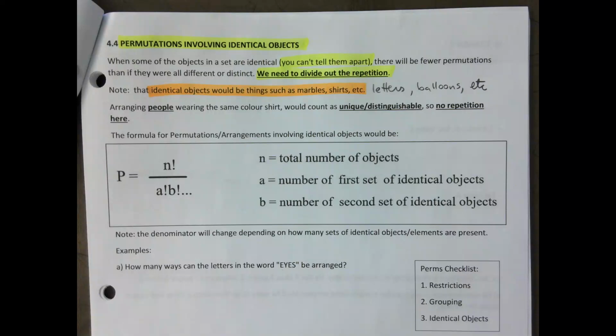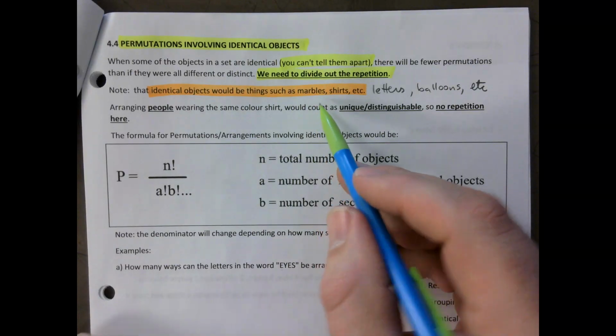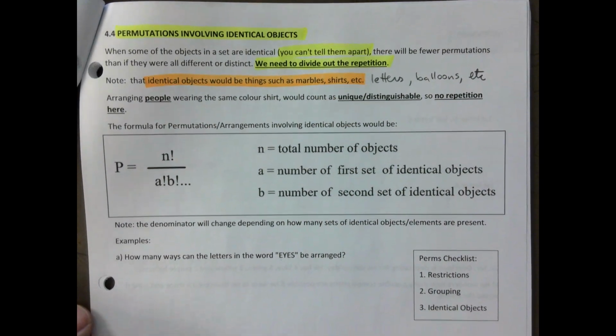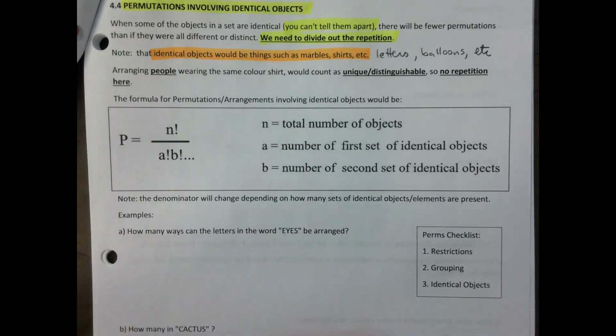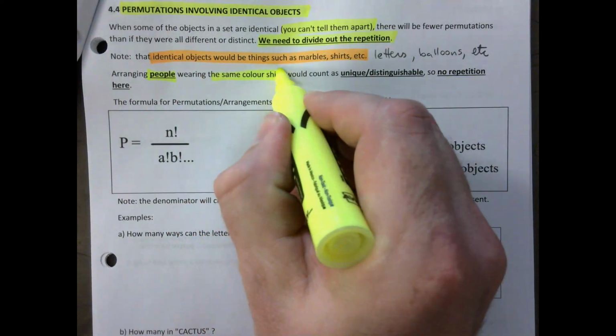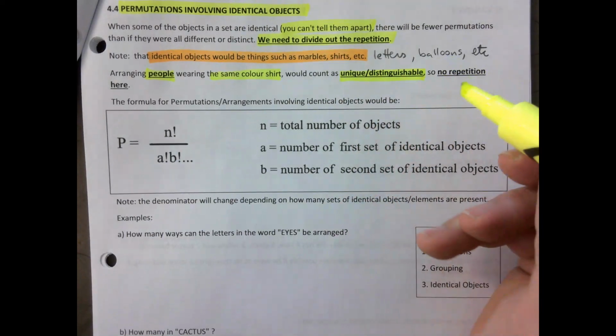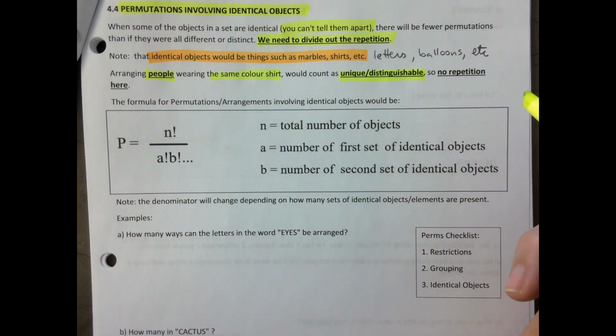We're all unique. So this would not apply to people being rearranged, even if they wear the same color shirt. Don't fall for that. It has to be something you cannot distinguish. People wearing the same color shirt would count as unique and distinguishable. There's no repetition or identical objects here.